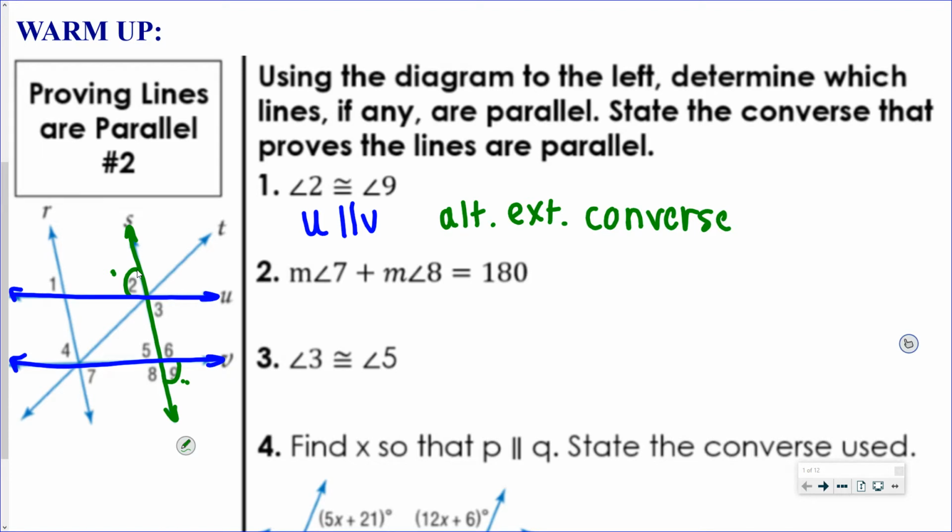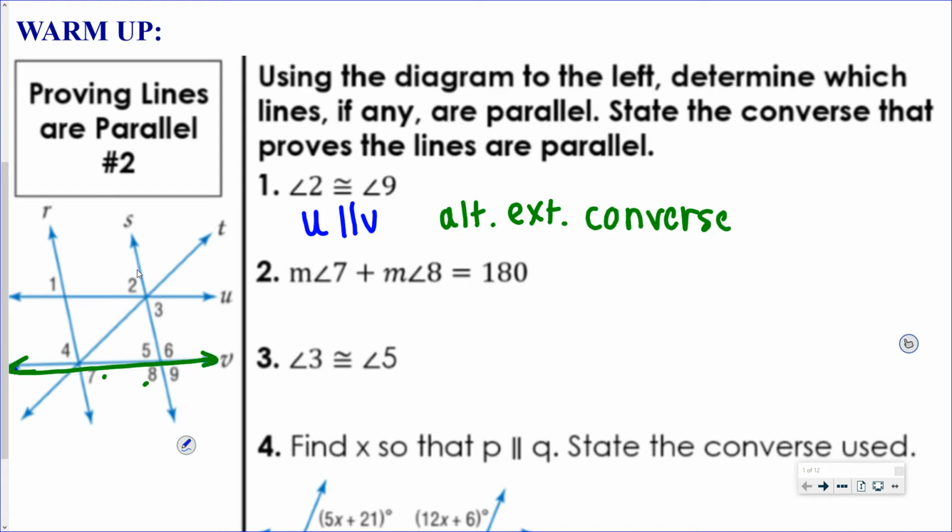Okay. Next one, number 2, says we know that the measure of angle 7 plus the measure of angle 8 add up to 180. Okay, they're not a linear pair, they're not supplementary, but I see that they both have line V, so that'd be the transversal.